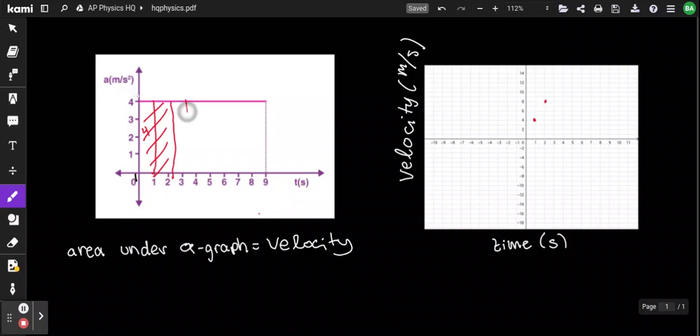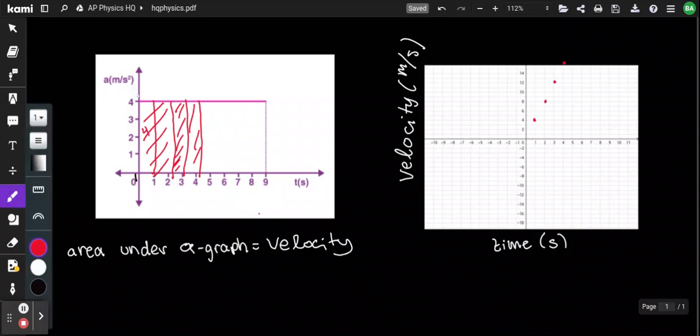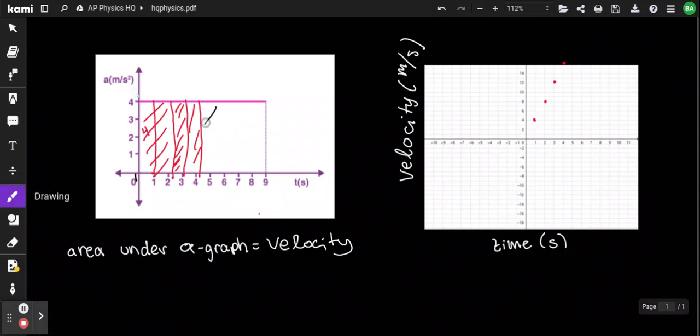And then continuing the pattern, this is going to be 12, and then this is going to be 16, which is going to be kind of up there. So it looks like our graph is going to be linear, and we don't need to find the rest of the area to figure this out. So this looks like a linear graph.